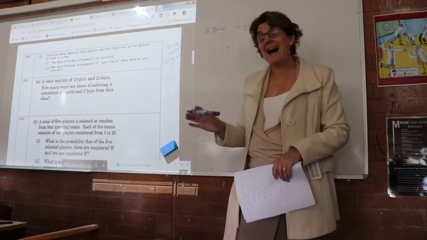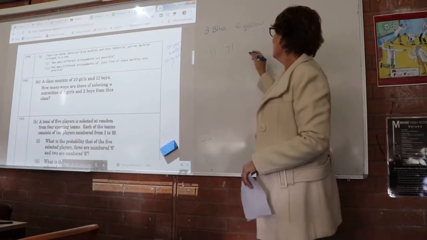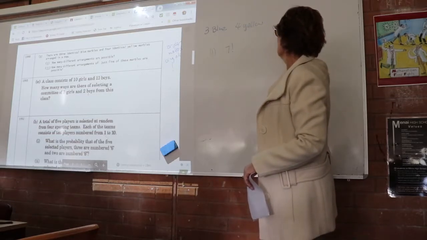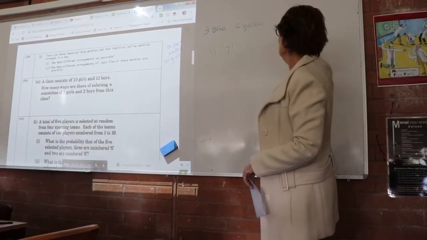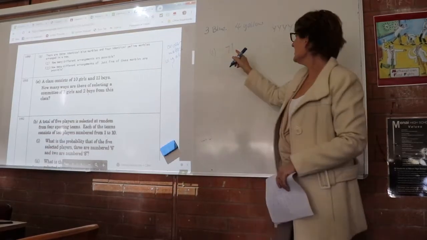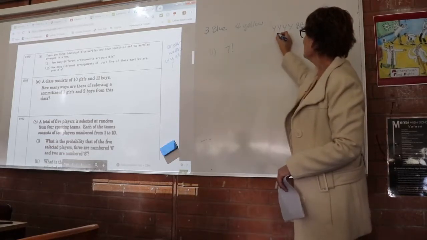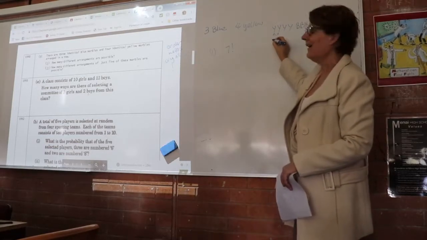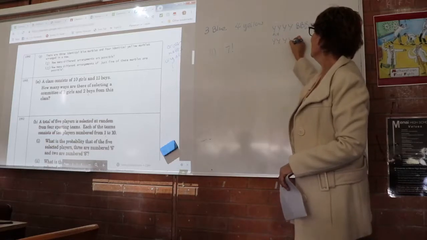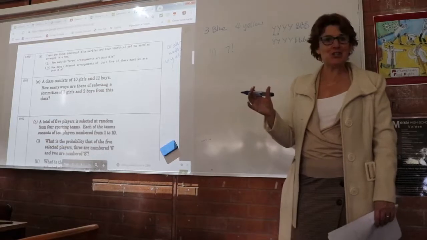But if I go yellow, yellow, yellow, blue, blue, blue, at this stage 7 factorial is saying that if I just switch those two and write yellow, yellow, yellow, yellow, blue, blue, blue, that's a different arrangement, right?